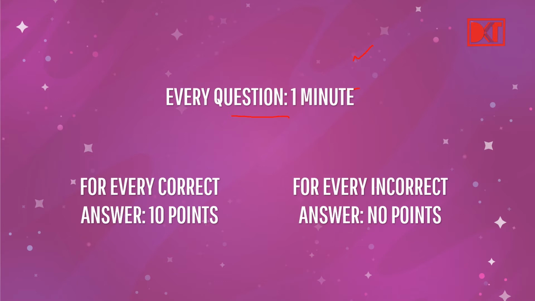Alright, it is very important to answer each and every question because there is no negative marking. Here you see, for every incorrect answer, no points, because there is no negative marking in IEOs, which is important so that you attempt all the questions.